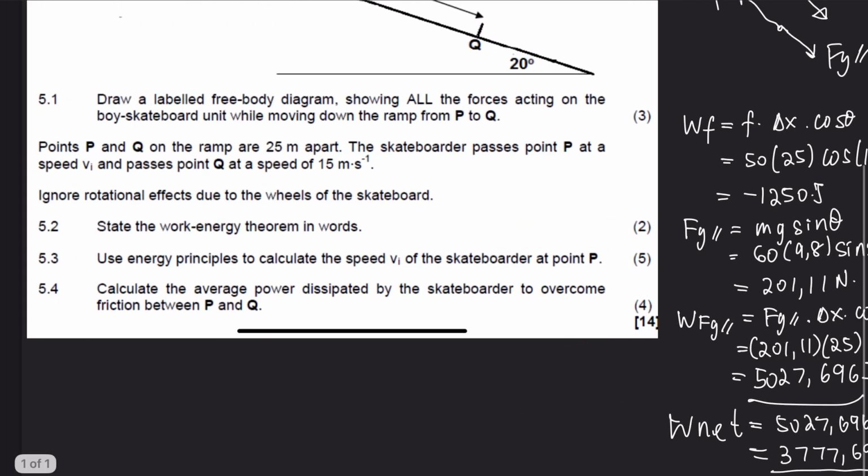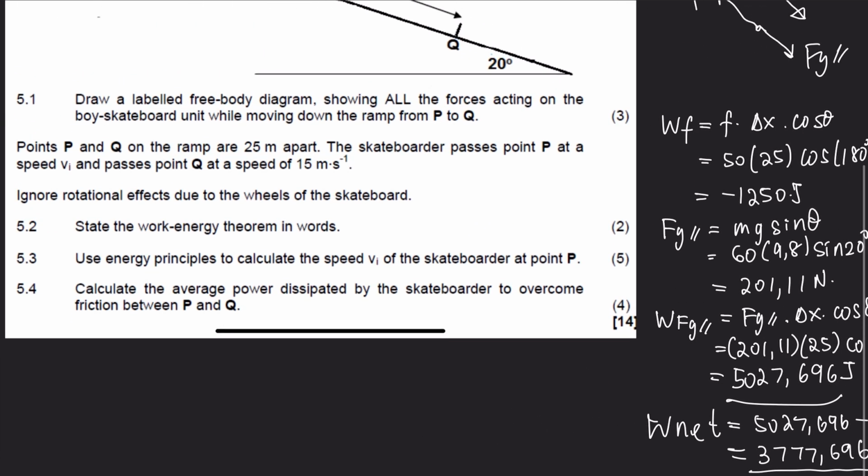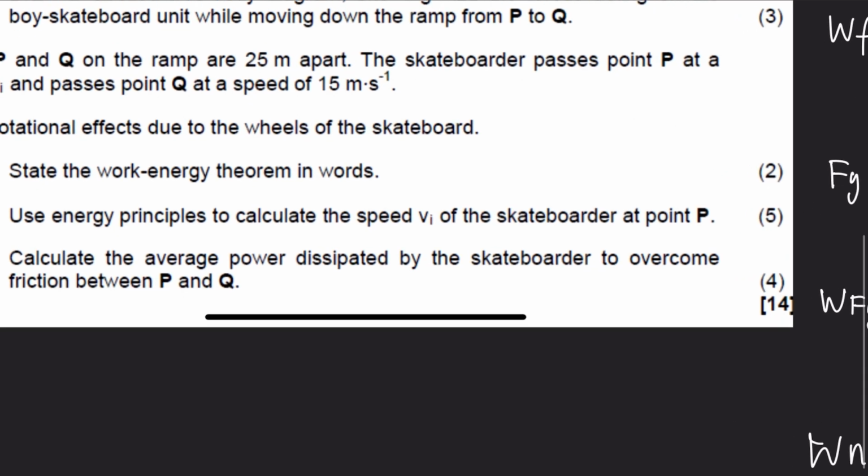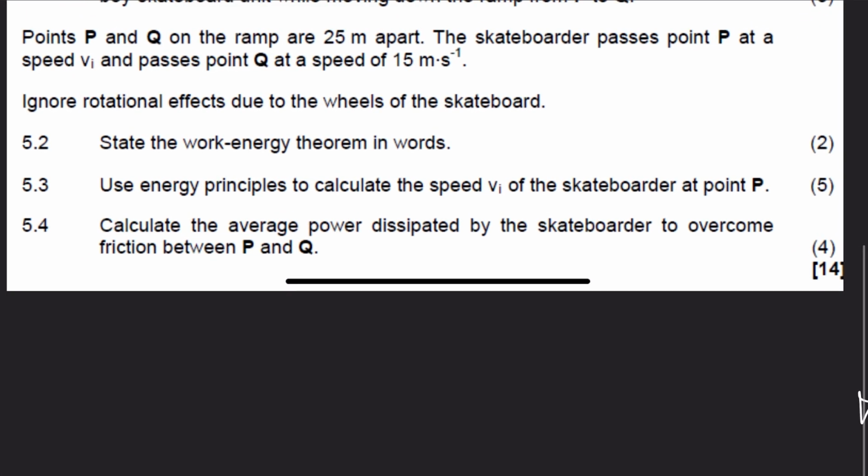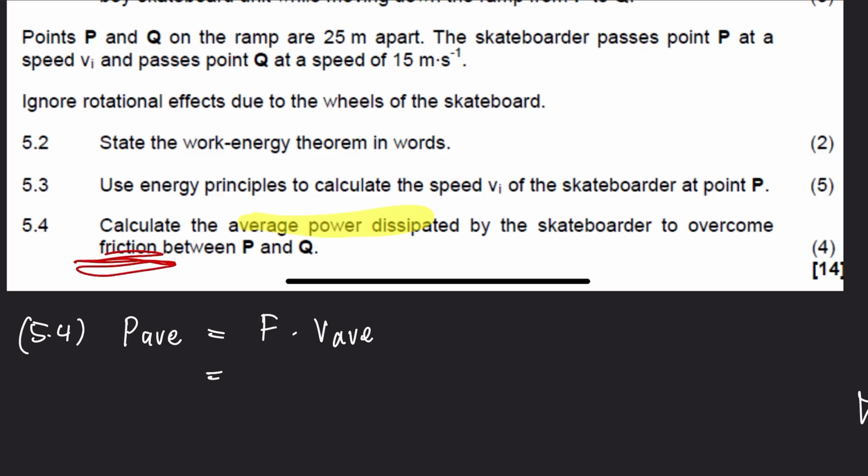Okay, question 5.4. Calculate the average power dissipated by the skateboarder to overcome friction between P and Q. So they ask you for average power, and the formula for average power is P average equals F multiplied by V average. Now, what force are we going to substitute here? If we read the question carefully, they want to know to overcome friction. So it's the frictional force.